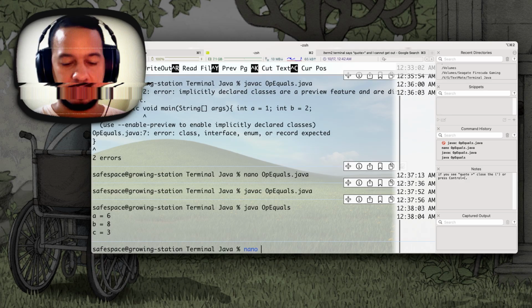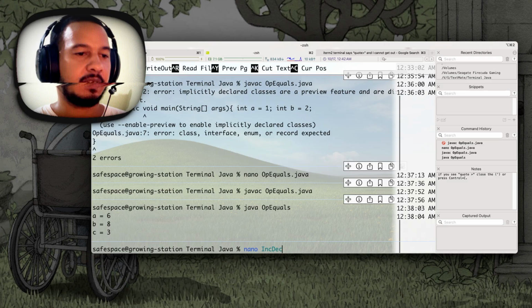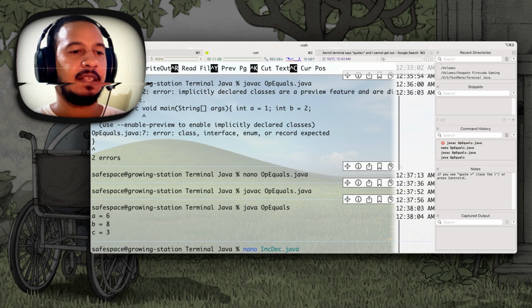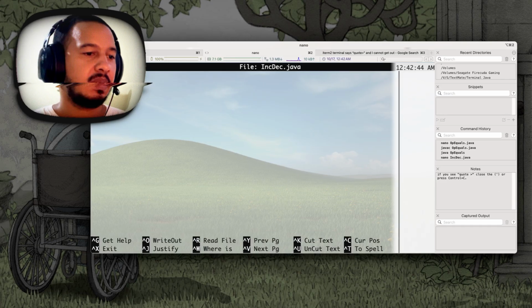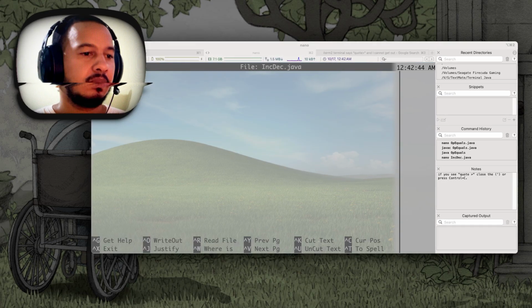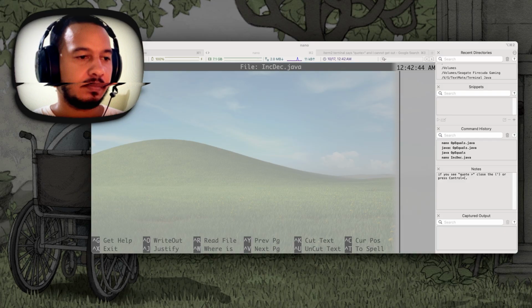I guess that's one of the setbacks of shell integration. Oh, excuse me, I accidentally opened the program in the background.